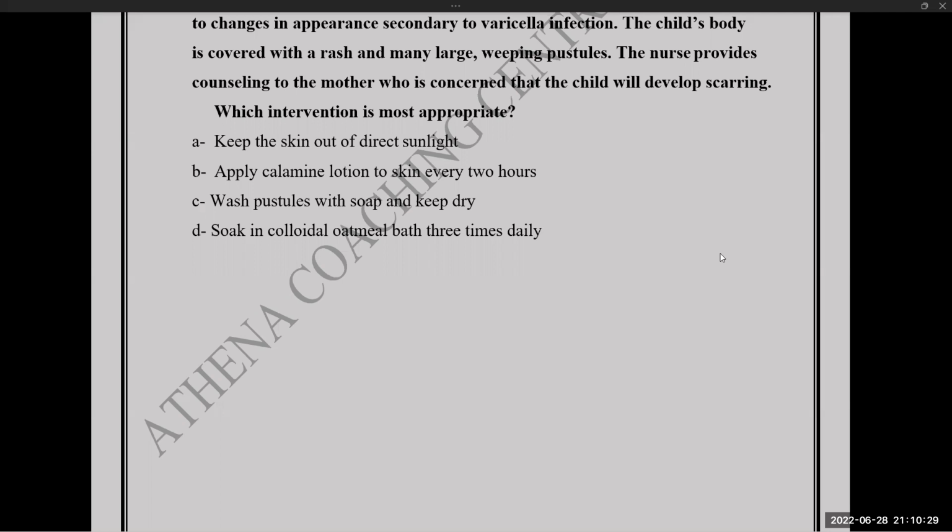That means you have to take oats and soak the oats, and if you want, you can boil it, or take boiled water and put oats in that and wait for some time. When it is completely soaked, you can take that oatmeal and rub it on the skin. Clear?